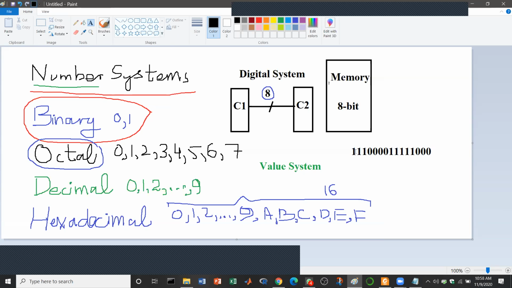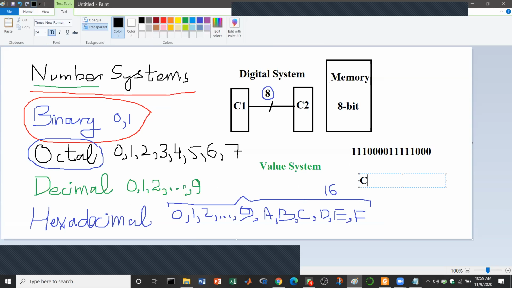So we convert it into hexadecimal so that we can remember a binary number. So hexadecimal is a compact representation of binary numbers.